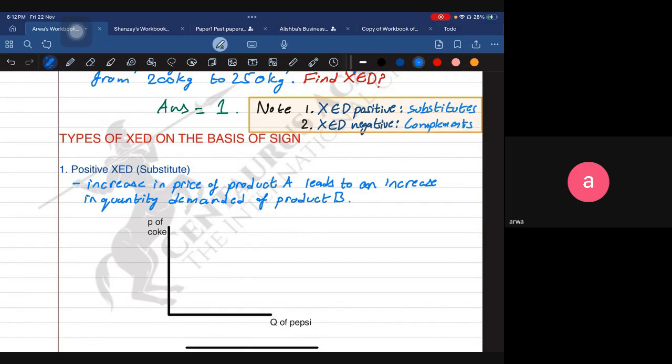Yes, sir. So this simply means that if the price of product A increases, the quantity demanded of product B increases as well.